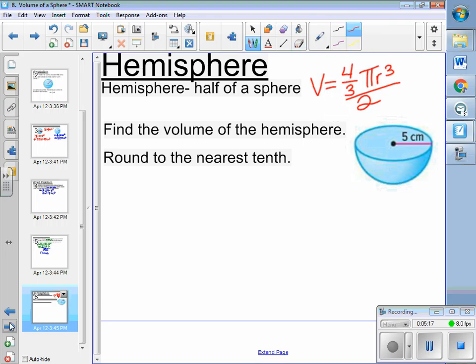Or we could do V equals 2/3 pi r cubed. Either one of those, whichever one. I personally think the first one is easier just because you take the volume and cut it in half, but whichever one you're more comfortable with. So plug in what you know.